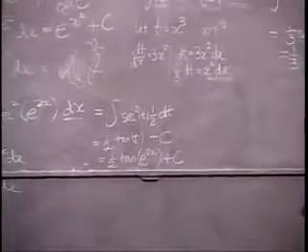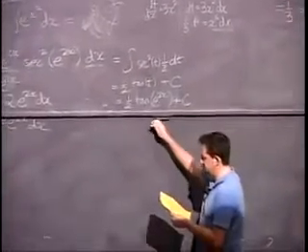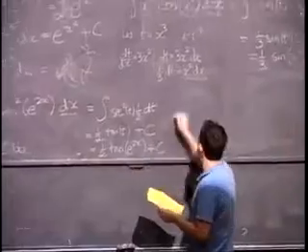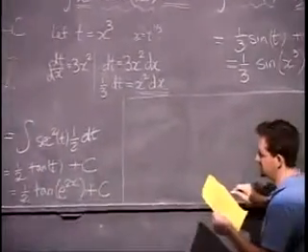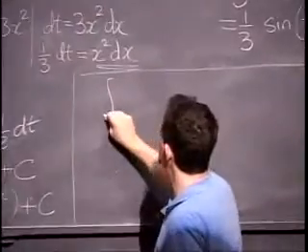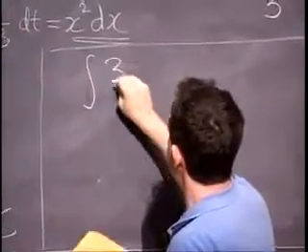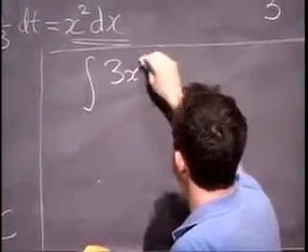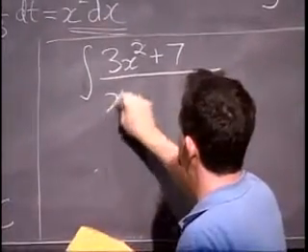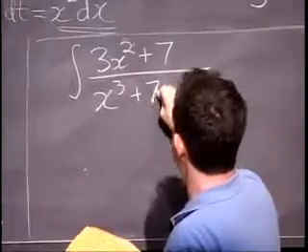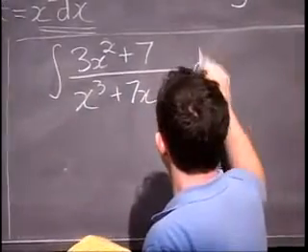Right, let's look at one more example that leads to a general method. Here's a kind of nice example. Suppose you look at the integral of 3x squared plus 7 over x cubed plus 7x minus 9.